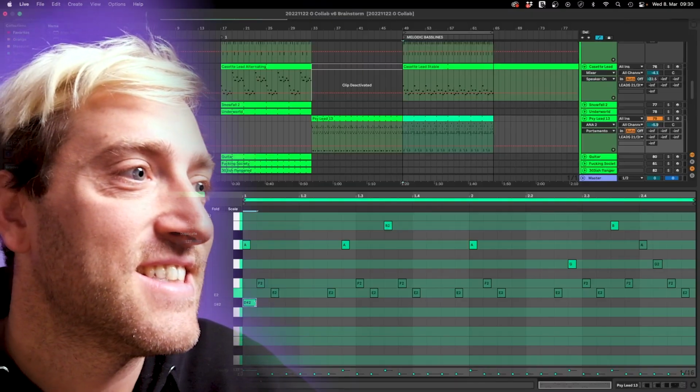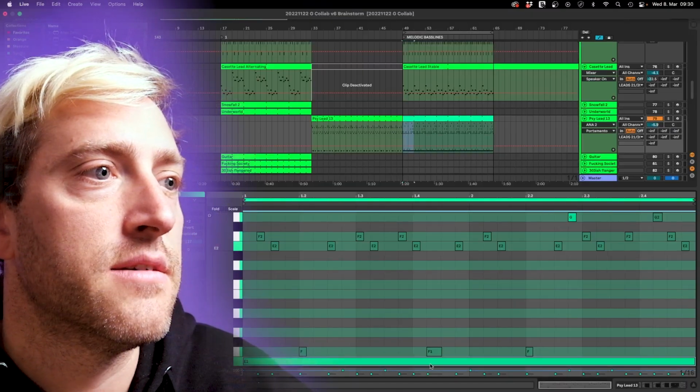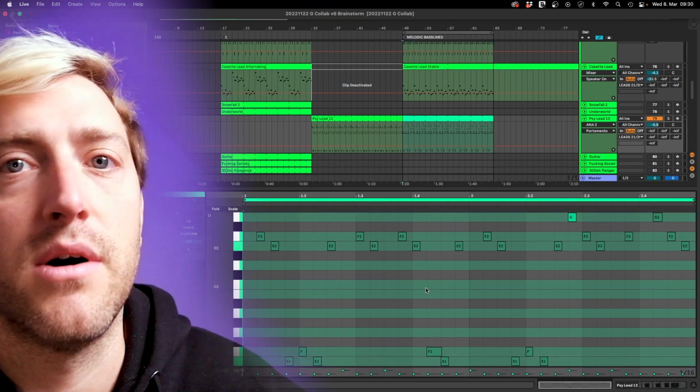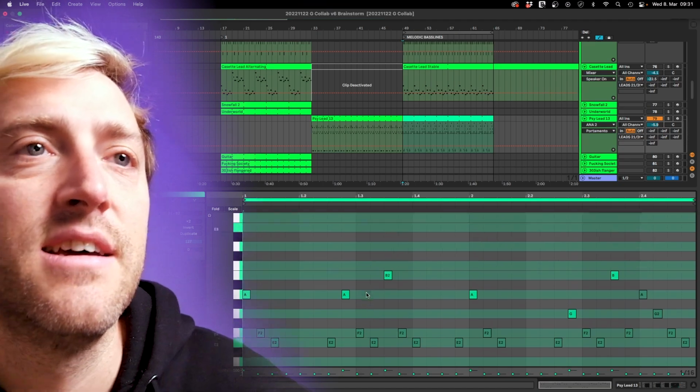Whenever you have a chord beneath your melody, and a chord can also be only one note of a chord, for example a pad going in your root note, then all the notes from the melody will have a relation to that chord, because you have an implied chord. So let's say we have this pad here in E, then this would also influence the relationship of our notes. And the same goes also for the bass line. So this is also an important thing to consider.